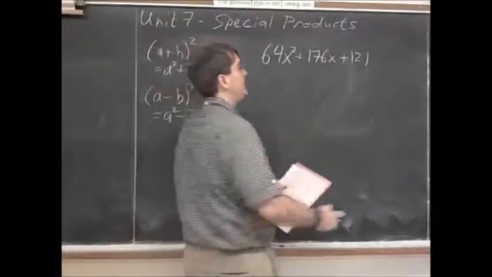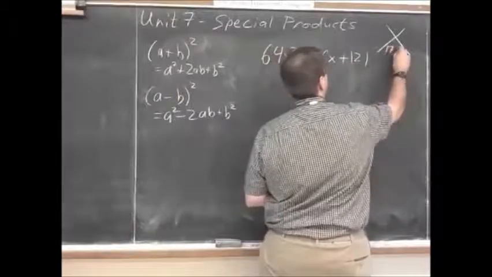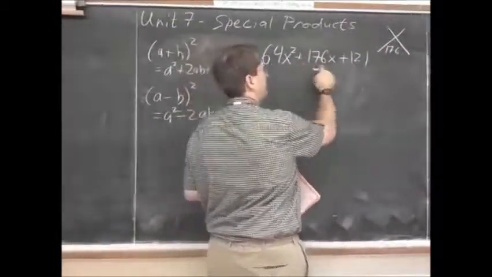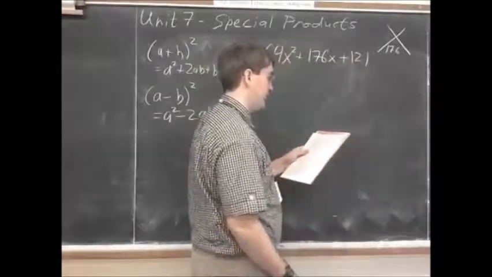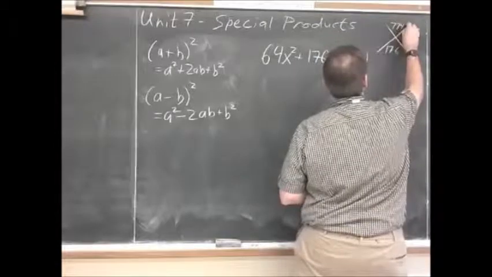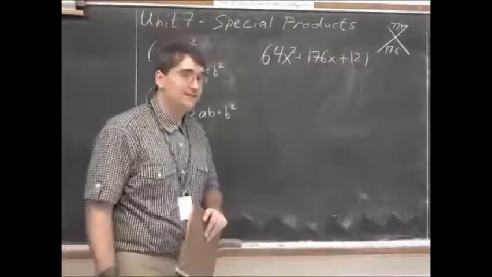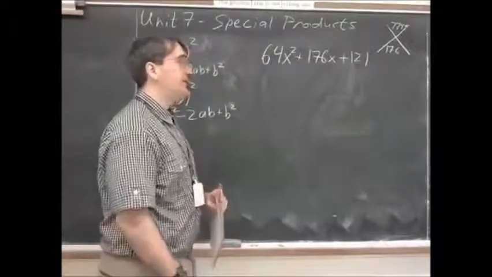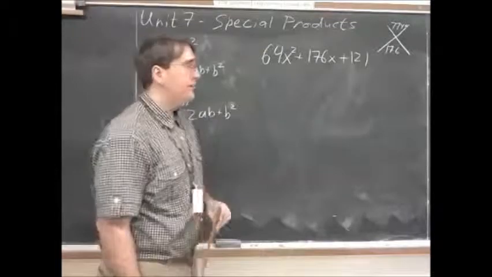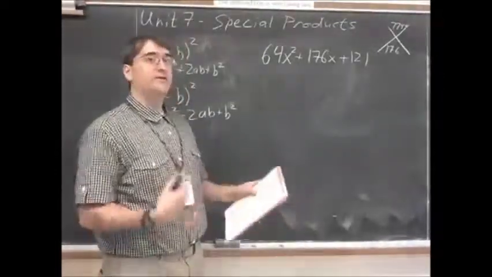You would need to find two numbers that add to 176 and multiply to 64 times 121, which is 7,744. Good luck. If you can recognize this as a perfect square, though, it makes it a lot easier.